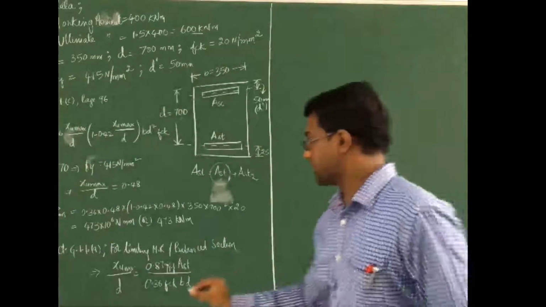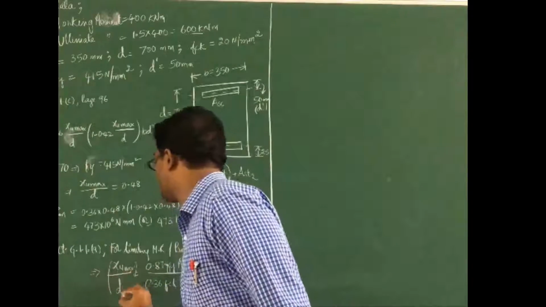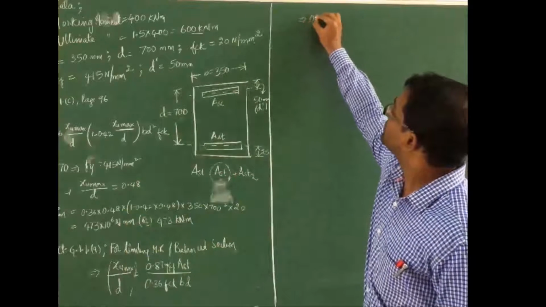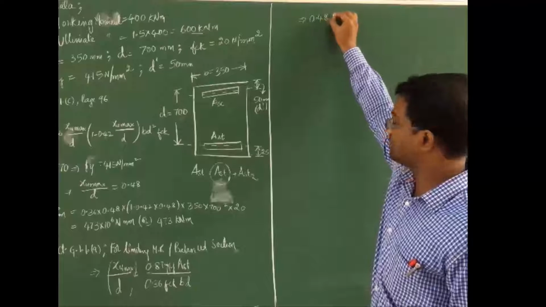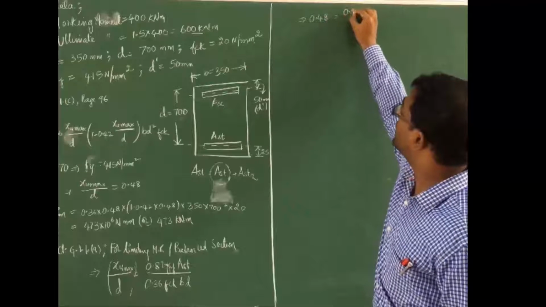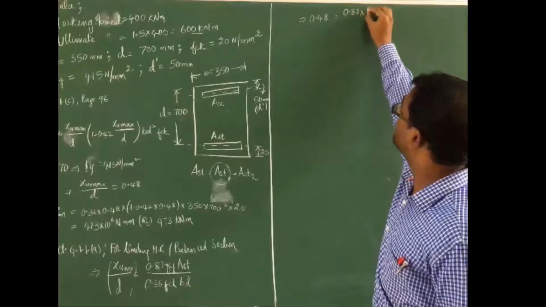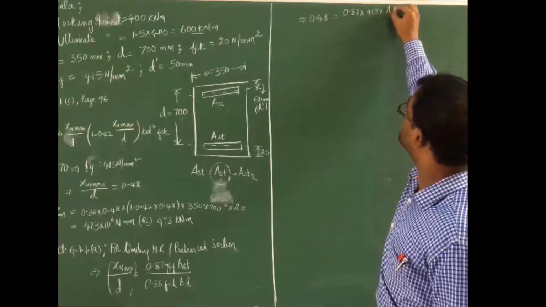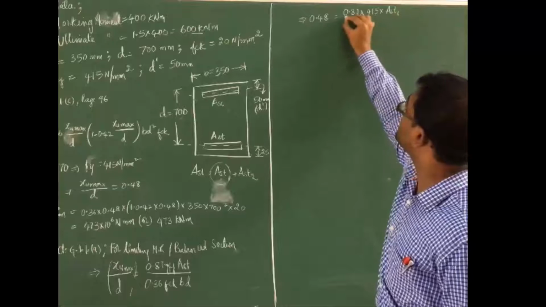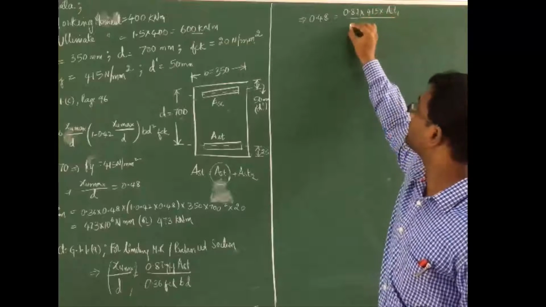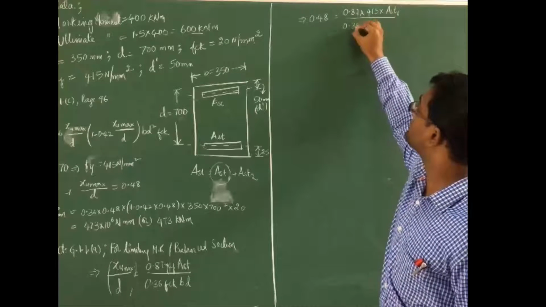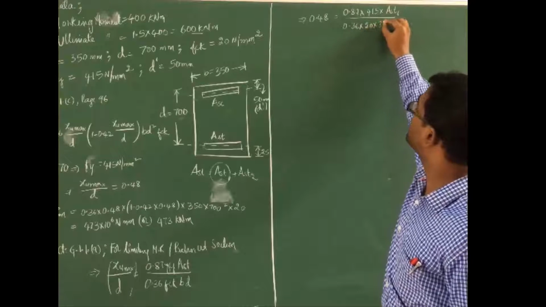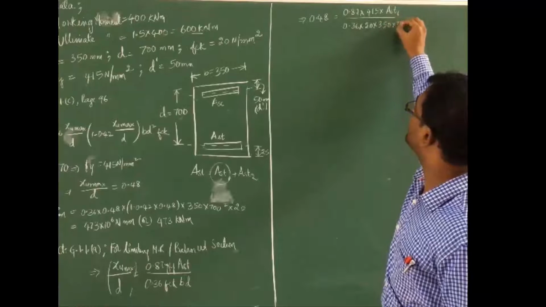Now XU max by D is already known to you. It has 0.48, and 0.87 Fy, where Fy is 415. Now AST1 is calculated as Mu lim divided by 0.36 FCK times B times D, where FCK is 20, B is 350, D is 700.